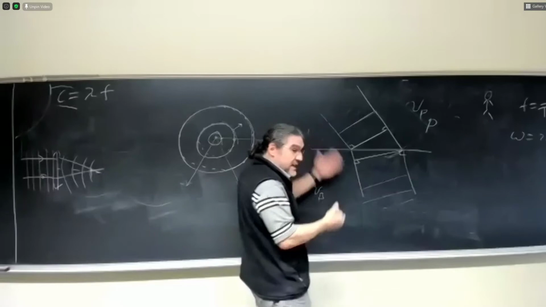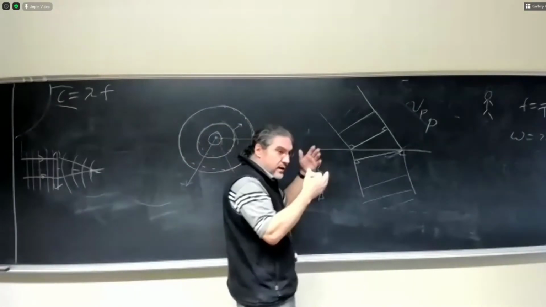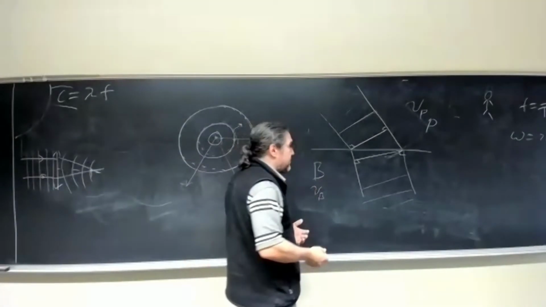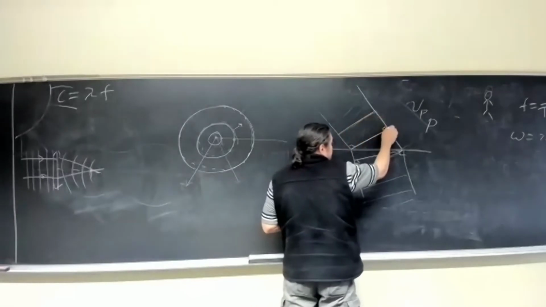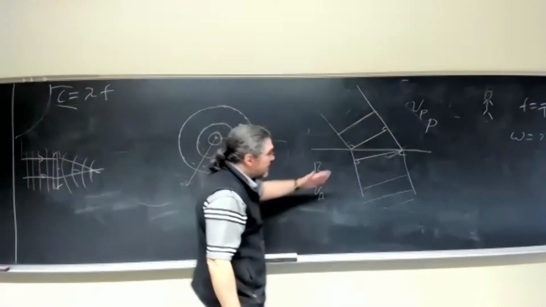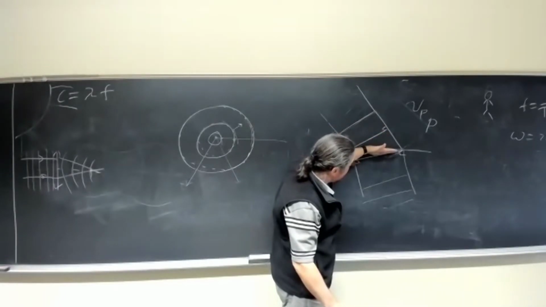I know that there must be wavefronts, because it's a wave, and this is a ray, and a wavefront is the surface which is perpendicular to the ray. That's all. So there must be some rays like this. Now this is a wavefront like this. This wavefront is propagating and eventually becomes this wavefront.